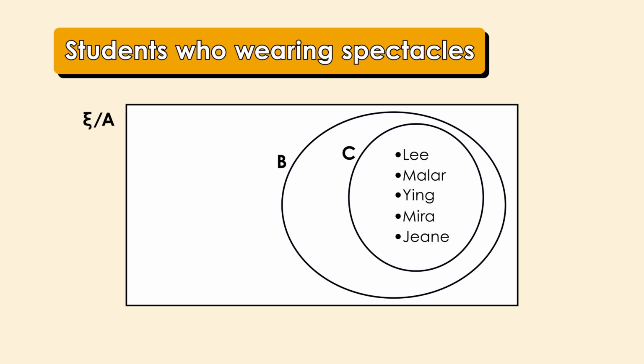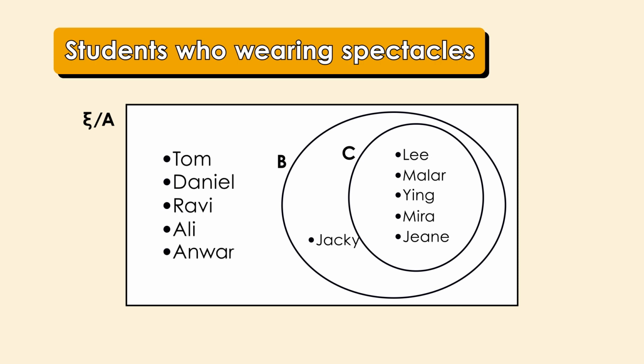So, write Jackie's name in set B. Finally, for the elements of set A, list all the names of students in the badminton club excluding the names stated in set B and set C. The names of male students are as follows: Tom, Daniel, Ravi, Ali, and Anwar. All these names are written in the space within the rectangle.